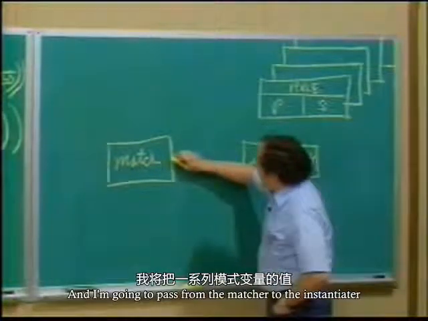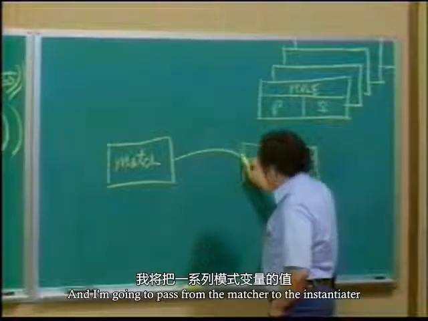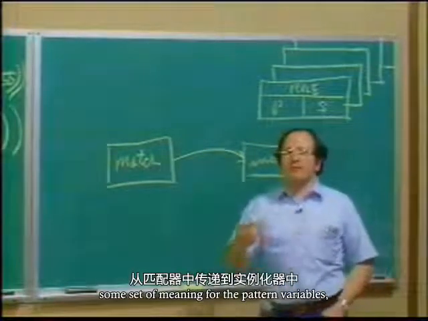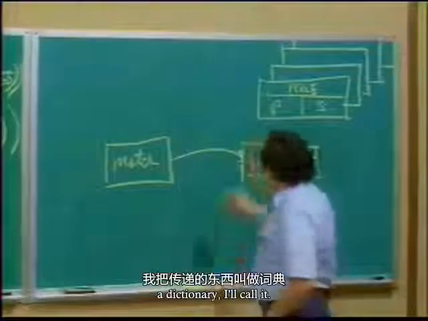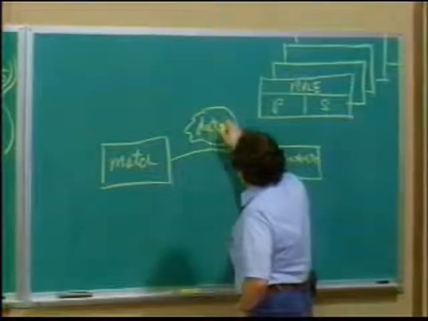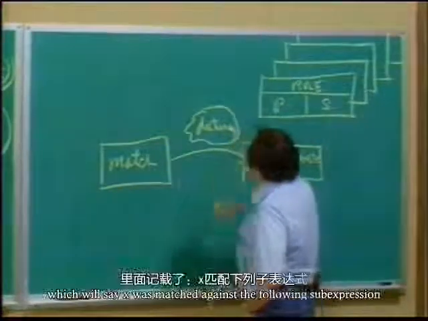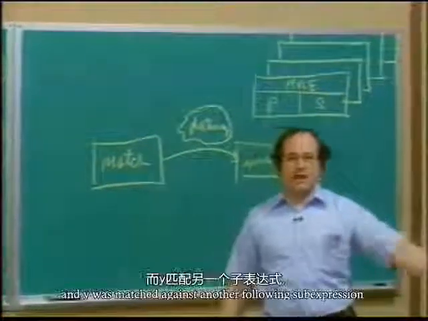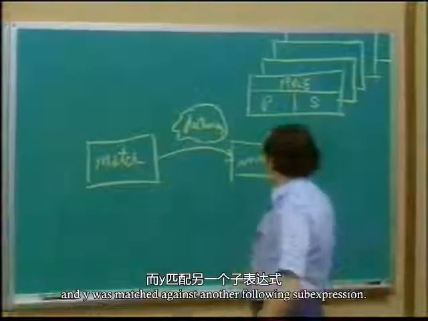And I'm going to pass from the matcher to the instantiator a set of meanings for the pattern variables, a dictionary, I'll call it, which will say X was matched against the following subexpression, and Y was matched against another subexpression.